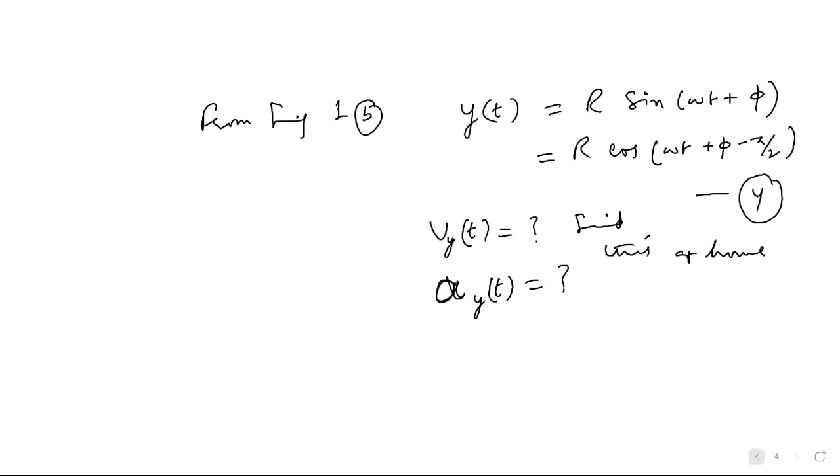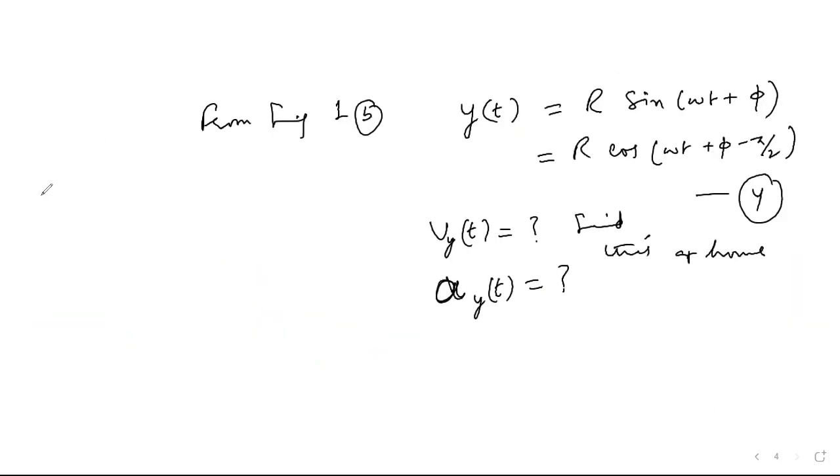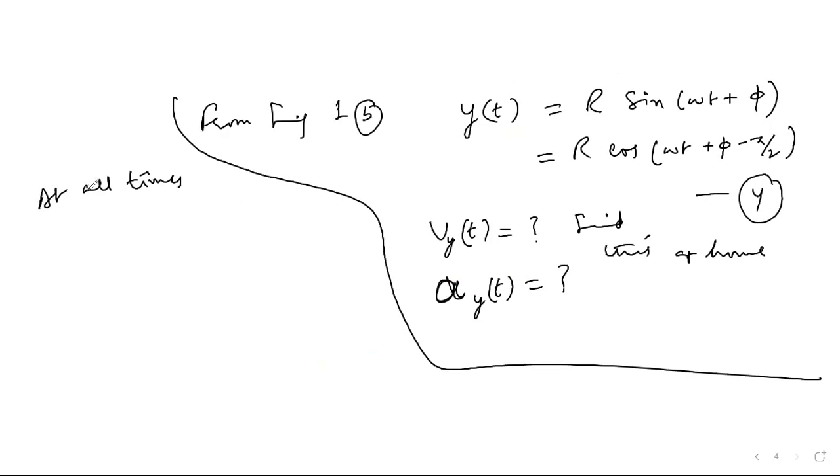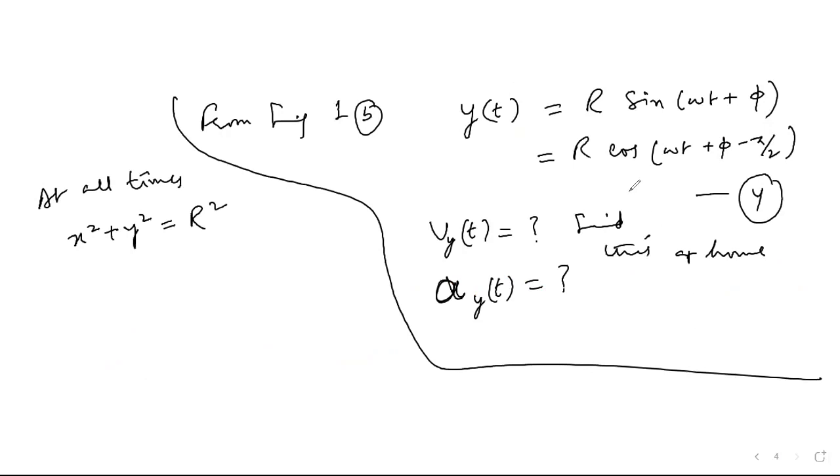Now, at all times, you can see one thing. At all times, what is true? x square plus y square is r square. That means if you square this x, which gives the position of P prime, and then square this, which gives the position of Q, you will get r square.